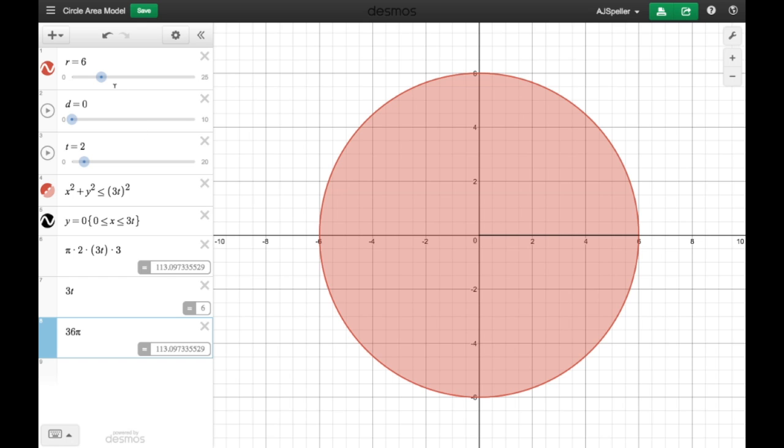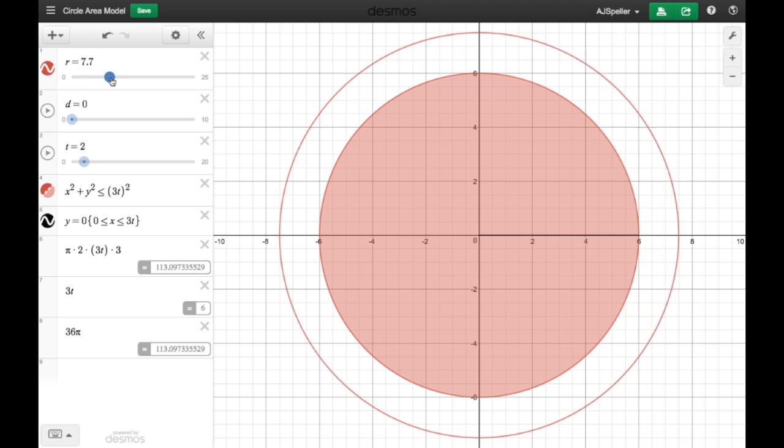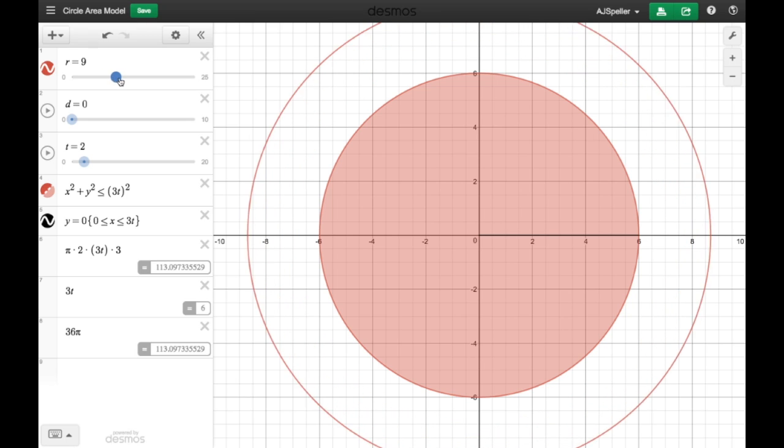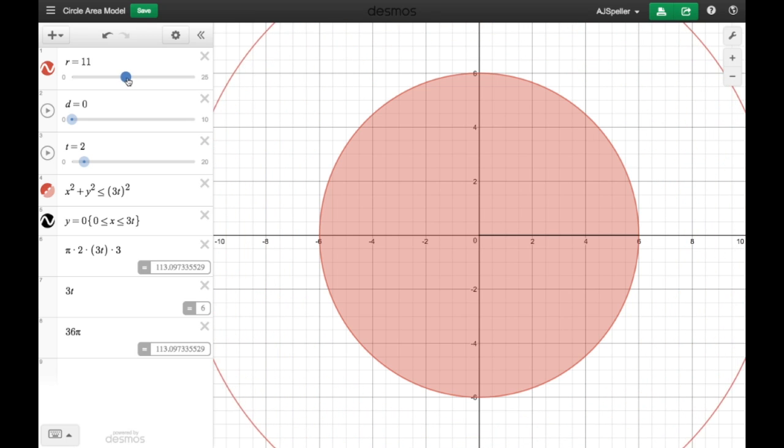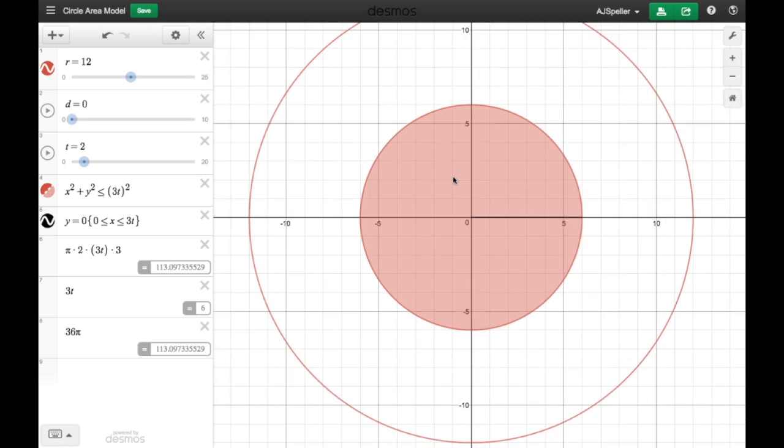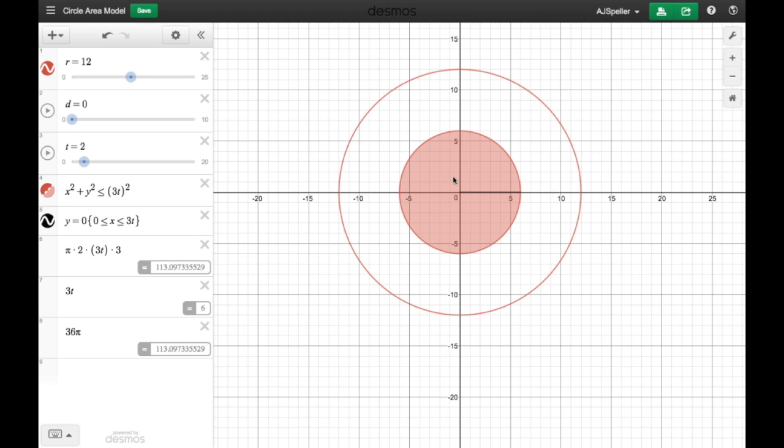The next radius that we were going to set everything at was 12. So when I move this up to 12, I see that it's much larger, so I'm going to have to change my view here. Let's just zoom out. And now let's move the t value over until we see a 12 here.